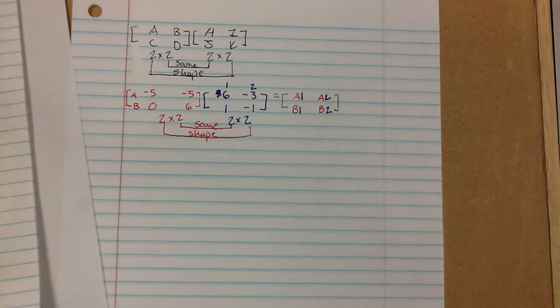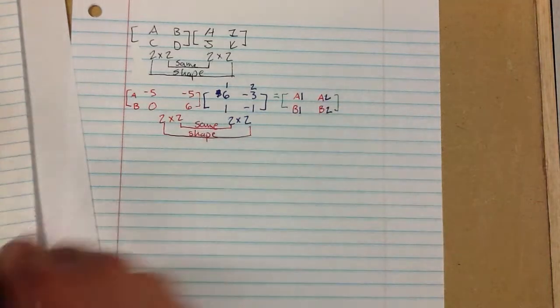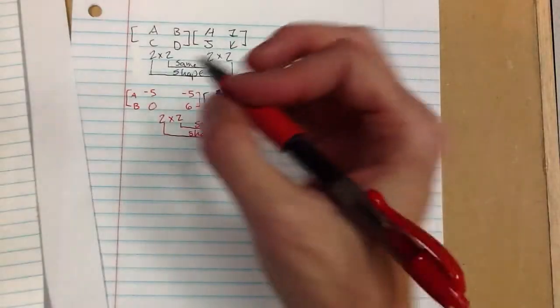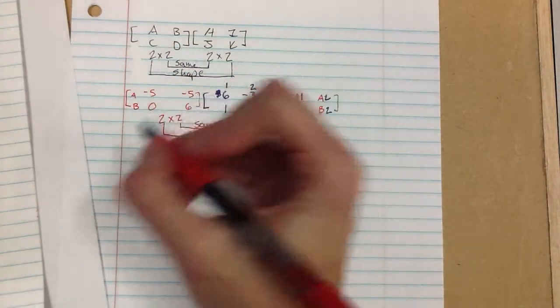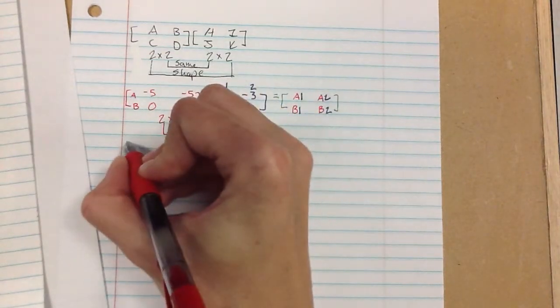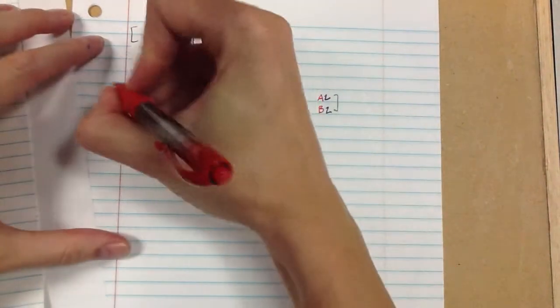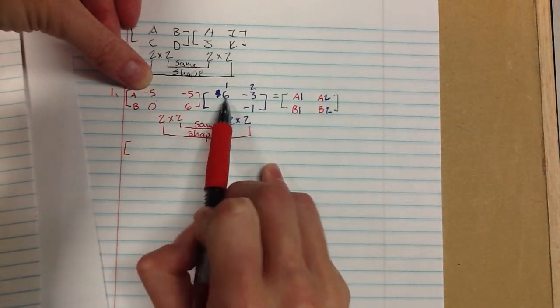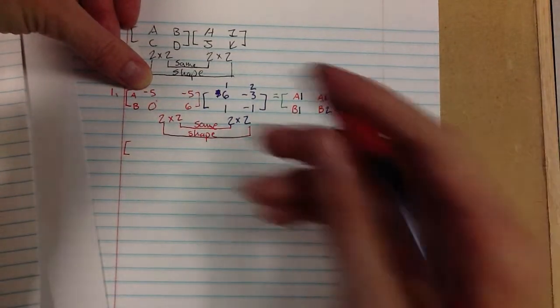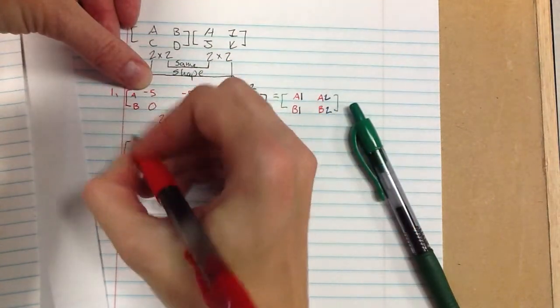So now we're going to multiply these two things together. Starting out, I said we're going to multiply everything in A and everything in 1. So, this is number 1. I have negative 5 and 6. Negative 30. Right, but I'm going to show all the steps.